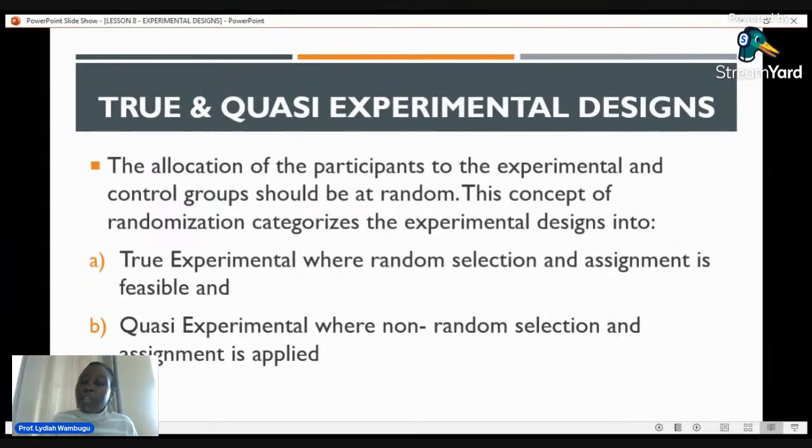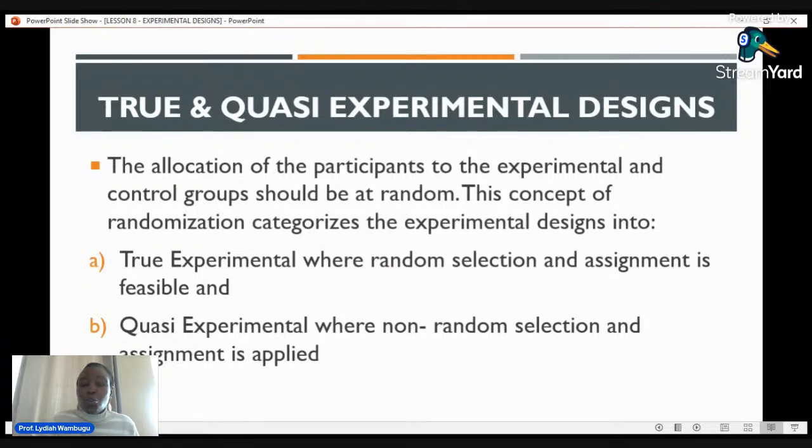When people in the medical field are doing research on a particular vaccine, for instance, they will have identified the sample that they are going to use. So if the sample is 100, the 50 who will go to the experimental group are randomly selected and assigned. The group that goes to the control is randomly selected and assigned.